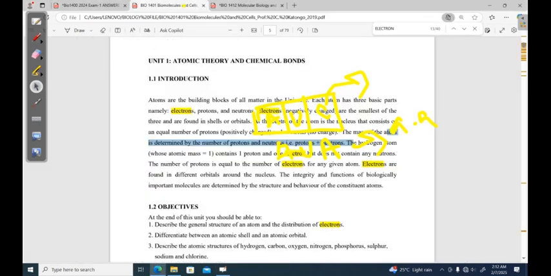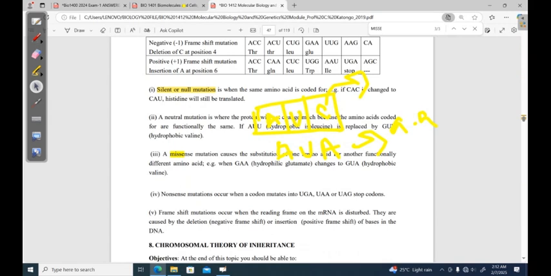For instance, GAA is hydrophilic glutamate, but when it changes to GUA, because the mutation occurred at the second codon, it becomes hydrophobic. Hence the sickle-shaped red blood cells, they curve inward, giving it this shape, because they are now hydrophobic.